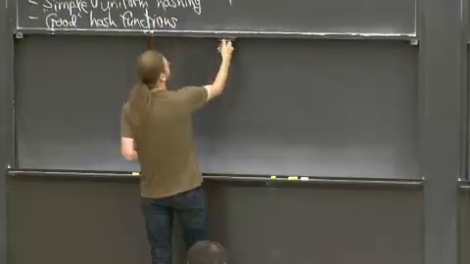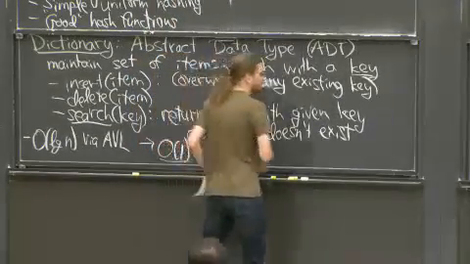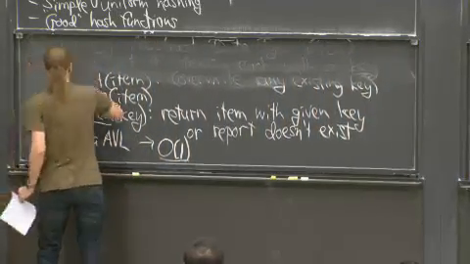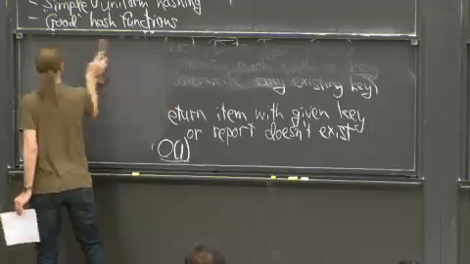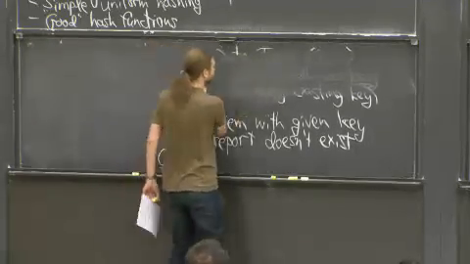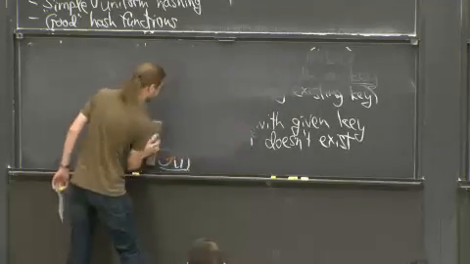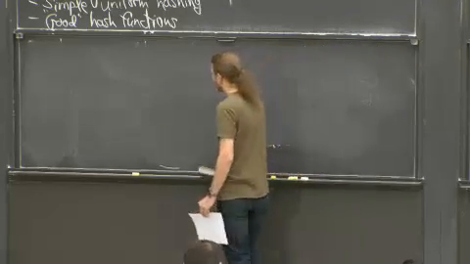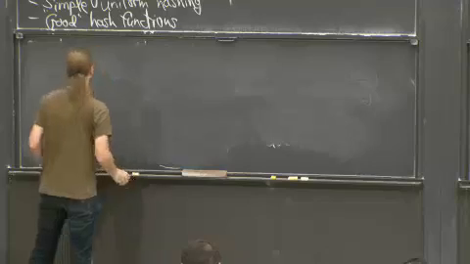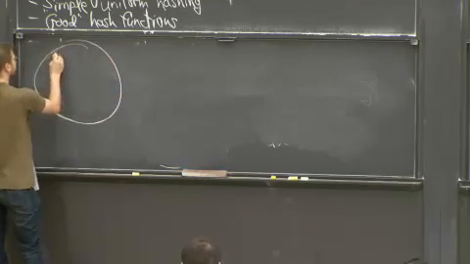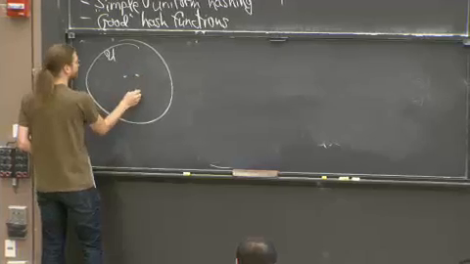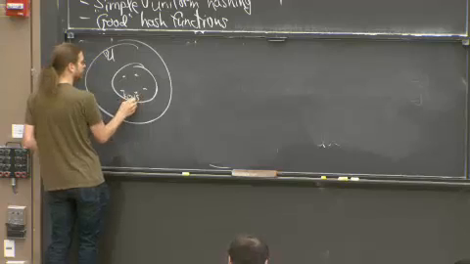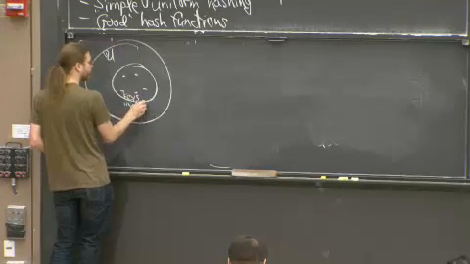I need a big picture here. So we have our nice universe. Various keys that we actually have present. So these are the keys in the dictionary.